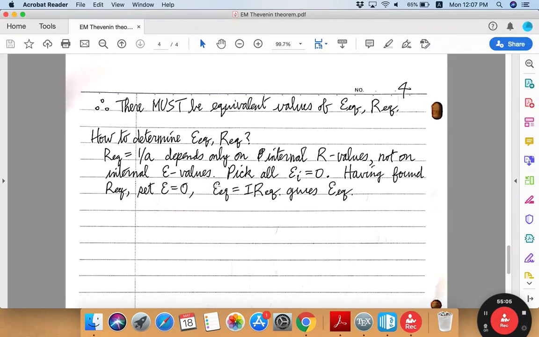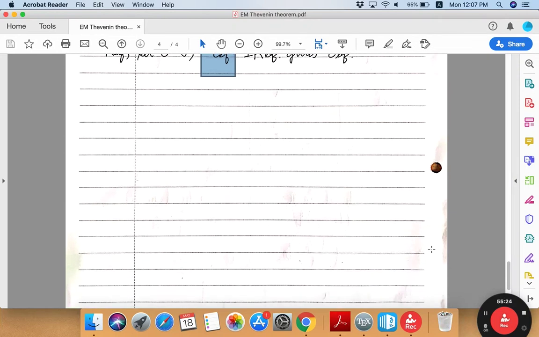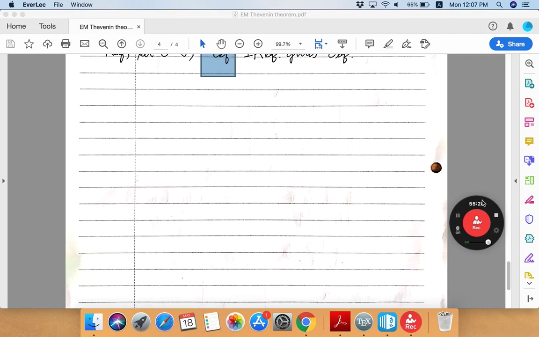And that way you will be able to obtain what this equivalent EMF is. Okay, so I hope you enjoy the proof, which is a rather pragmatic proof of Thevenin's theorem.